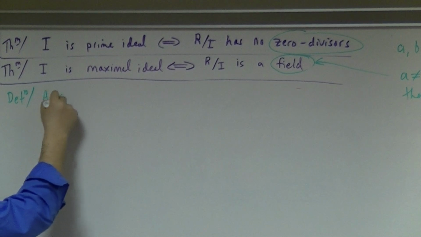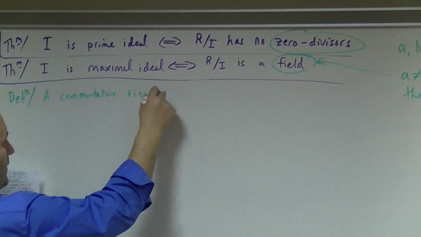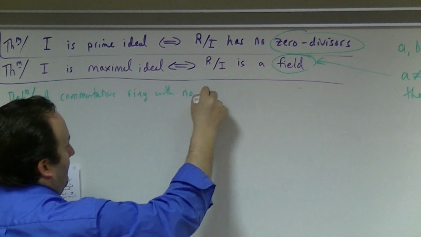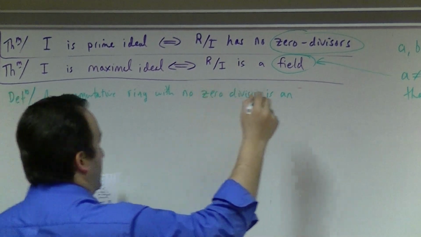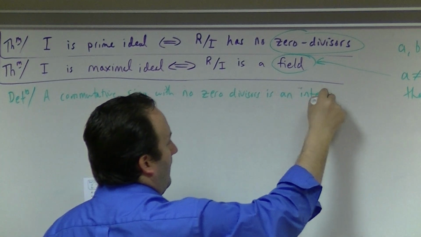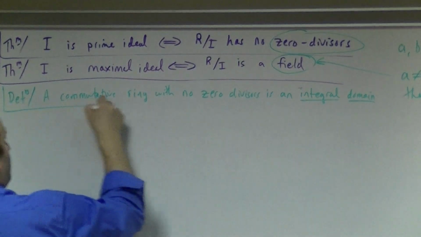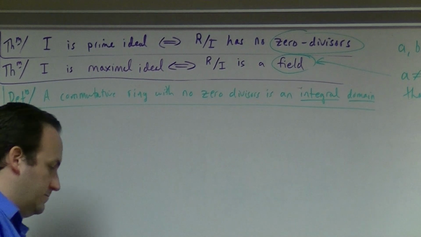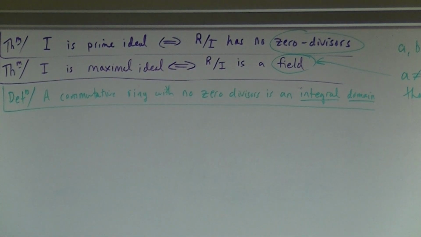A commutative ring with no zero divisors is an integral domain.